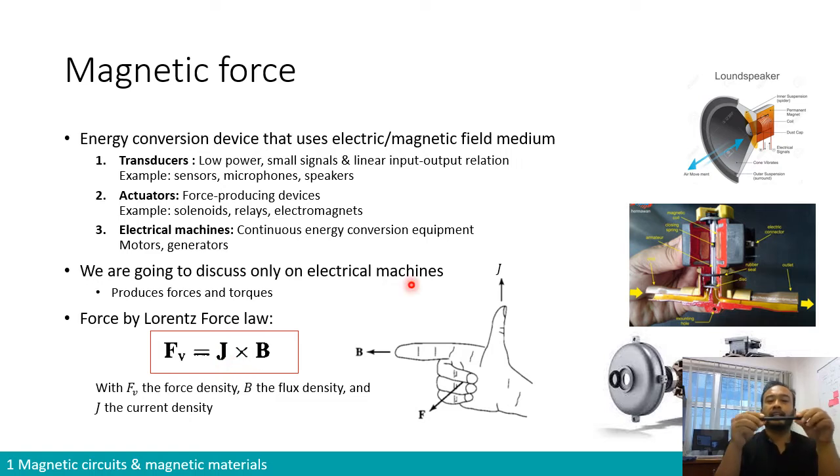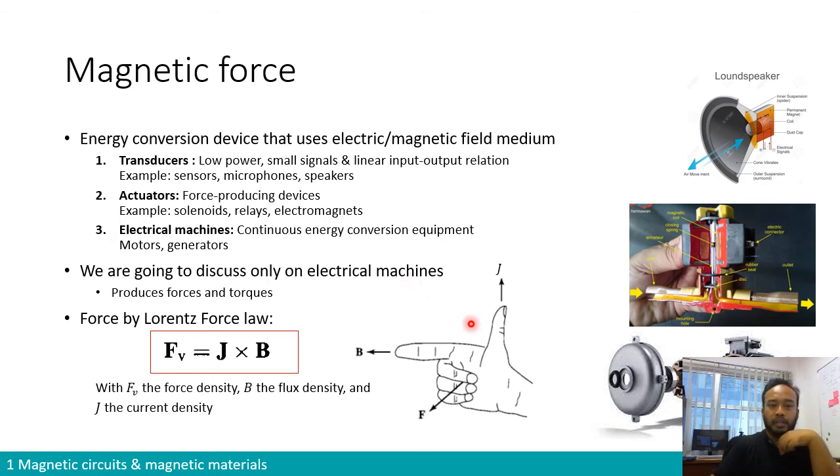Imagine a point inside a conductor with current going through it, placed inside a magnetic field. The force on that point can be calculated as the vectorial product of the current density by the magnetic field.